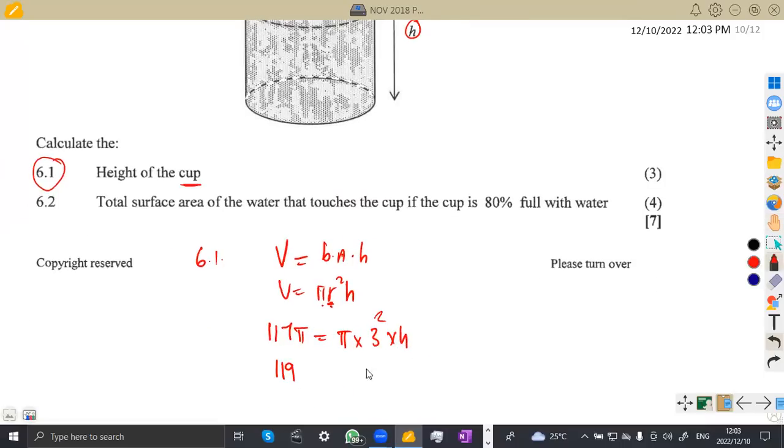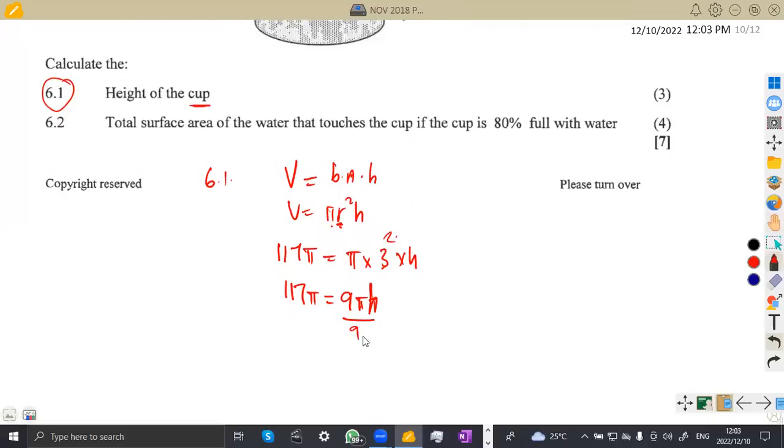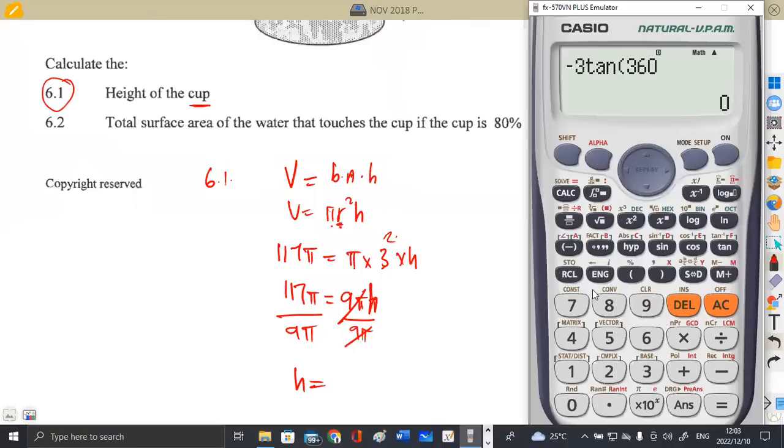So 117 pi is equivalent to 3 squared, that's 3 times 3, you can use your calculator, that is 9 pi h. Since we need the value of h, we can divide by 9 pi on both sides. So this can cancel, and you can find the height of the given cylinder.